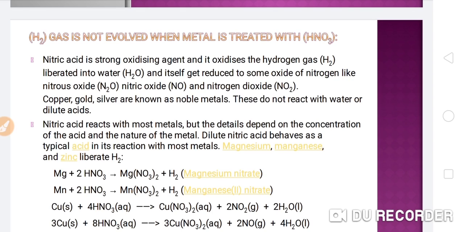Nitric acid is a strong oxidizing agent. This is the first and very important point to explain the answer to this question.